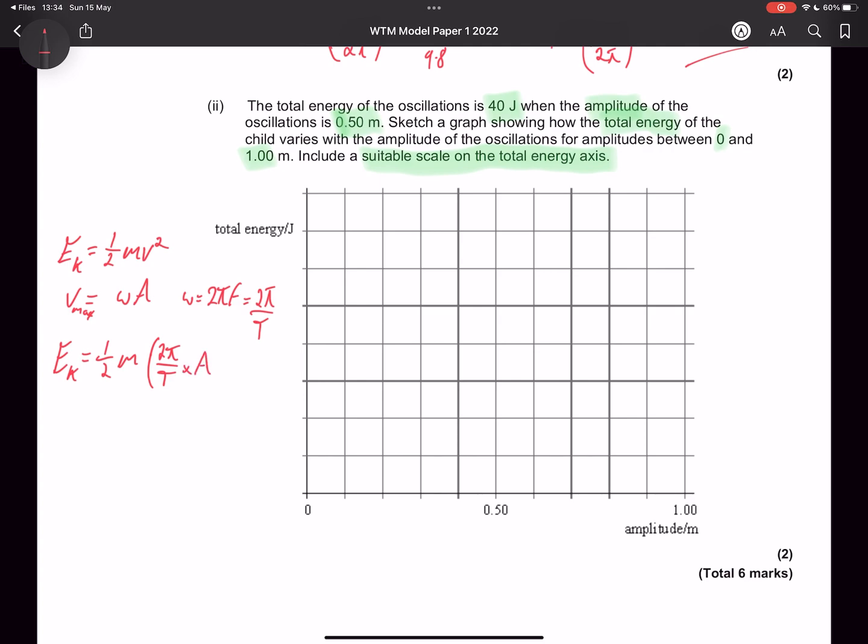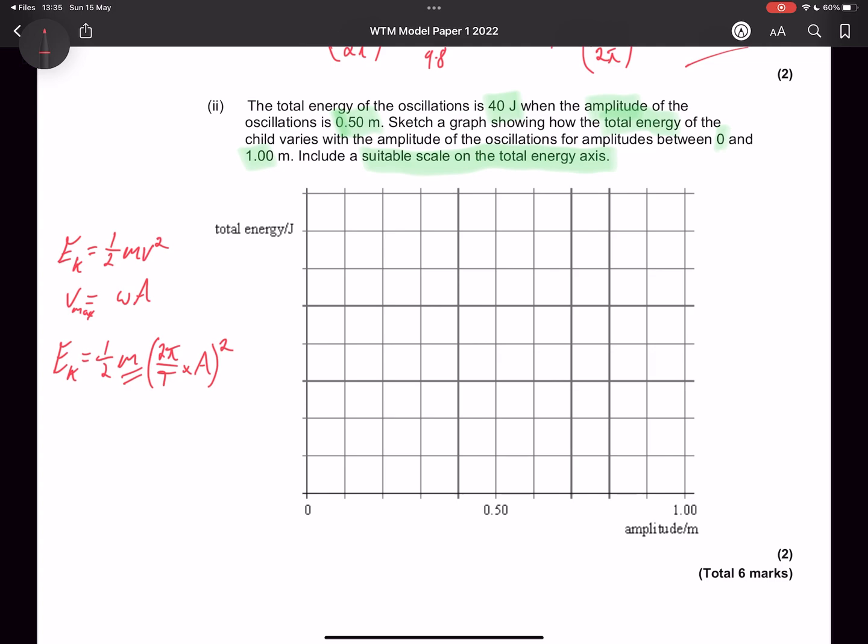Obviously you could write A separately as I have, or you could have put it on the top there with the 2 pi. It makes no difference, it is the same thing. So, with that all carried out, we are going to use this equation twice. The first is to find a value for m, which is a complete unknown.